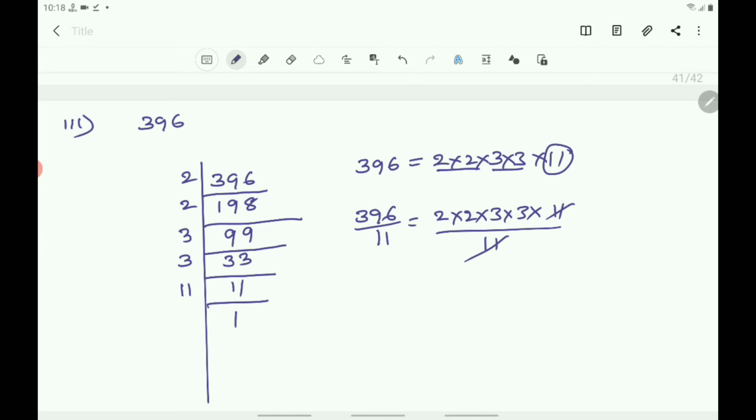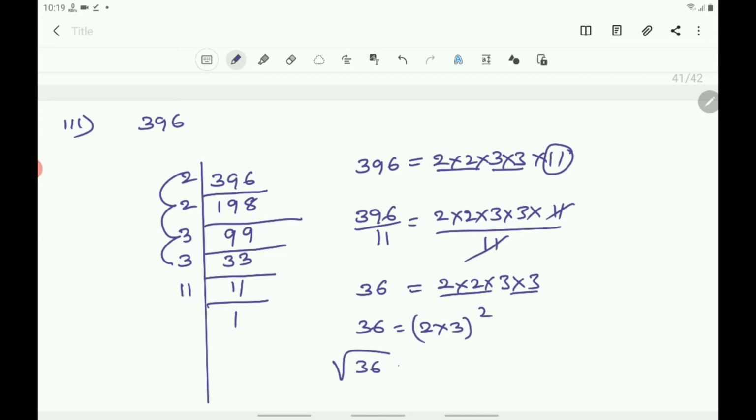396 by 11 is 36, or otherwise you will get the product of this 4: 2 2s are 4, 4 3s are 12, 12 3s are 36. That equals 2 into 2 into 3 into 3. So 36 equals 2 into 3 whole square. Therefore square root of 36 equals 2 into 3 equals 6.